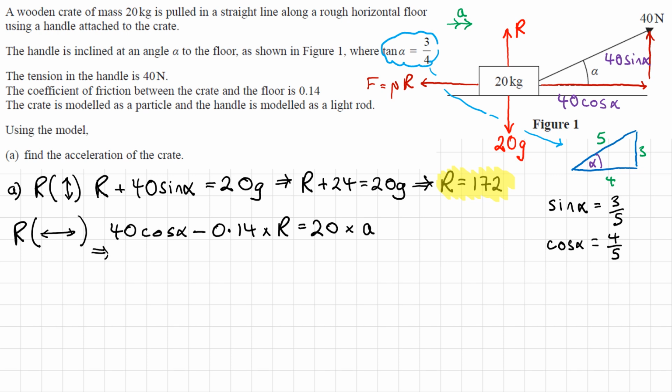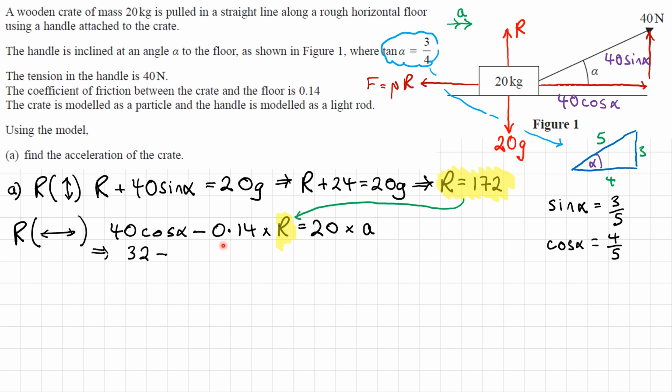Now cos alpha, we know the exact value for, which is 4/5. So we're now going to work out 4/5 of 40, which will be 32. And now we know the value of R because I highlighted it earlier, didn't I? So that means that I can take this 172 and put it here.